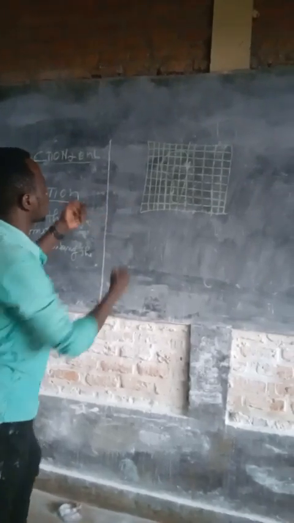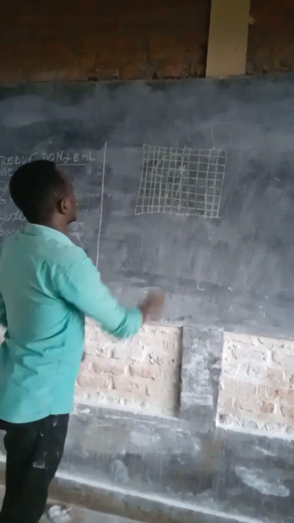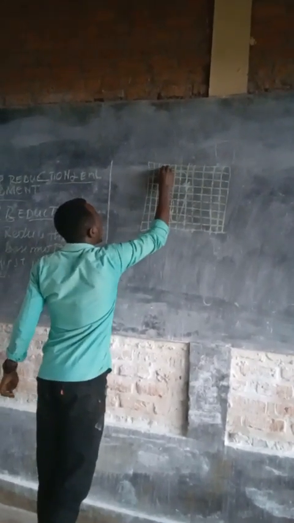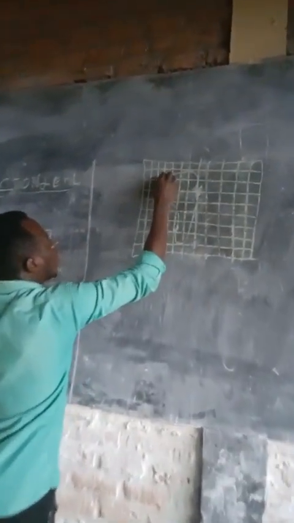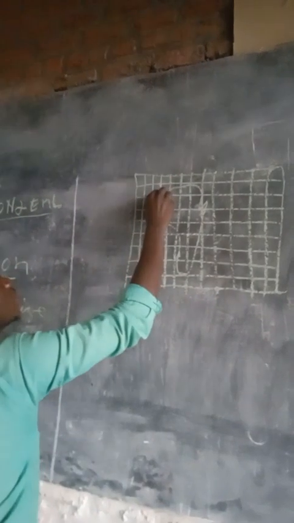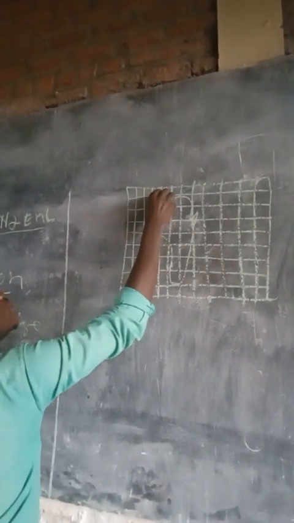So here we are observing that from here up to here and here and here, this is a square.